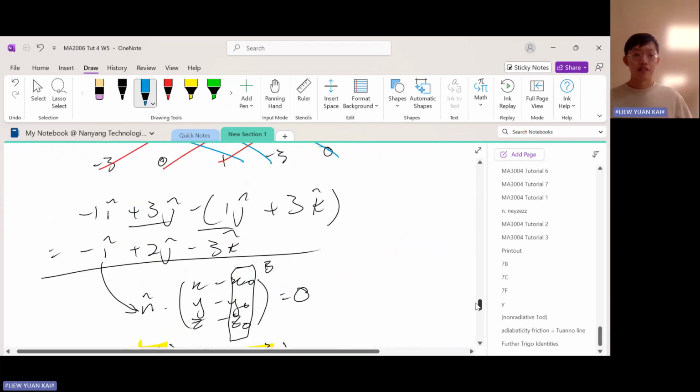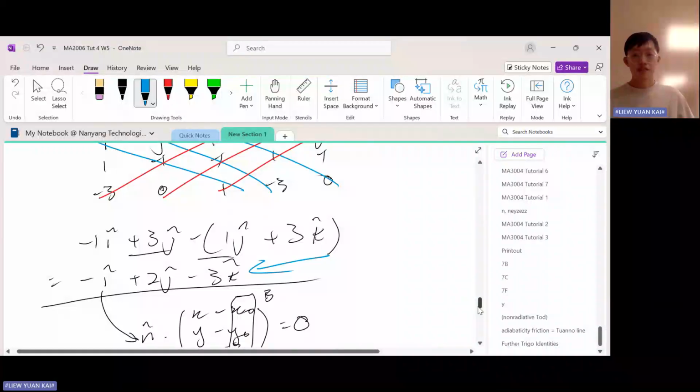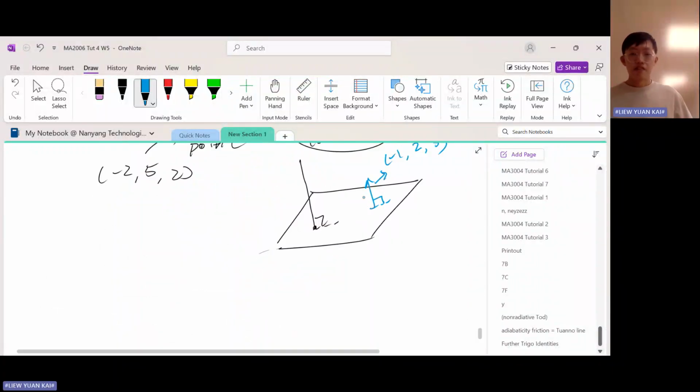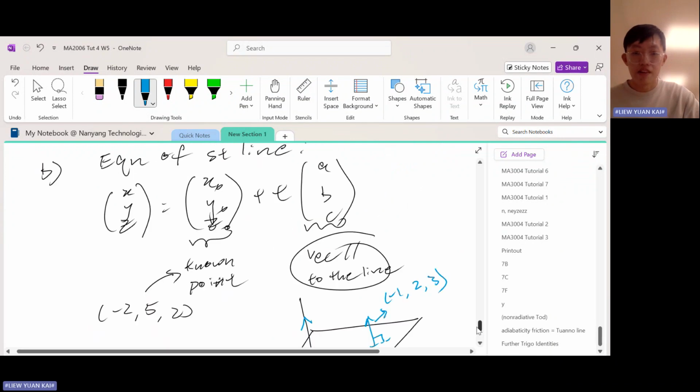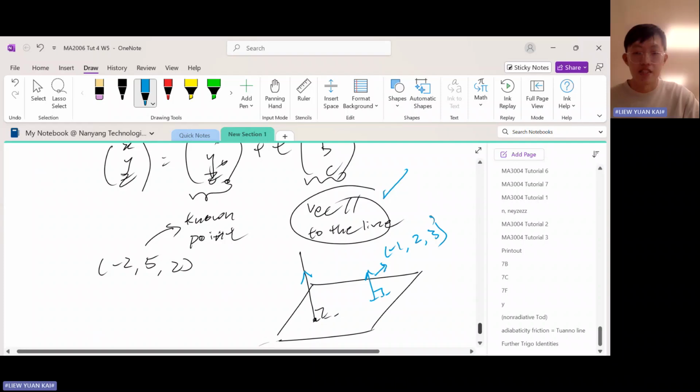Let me just show you this one. So we know that the normal to the plane is this vector, and you see this normal vector is parallel to the straight line. Therefore, we've already found this, which is this.